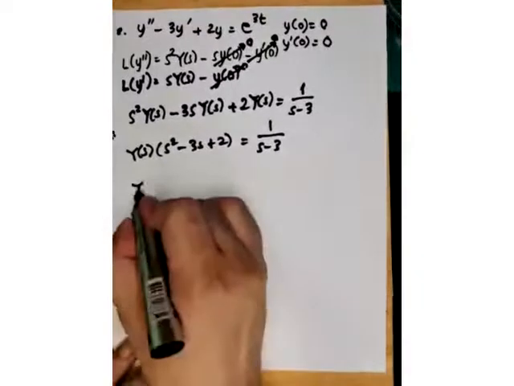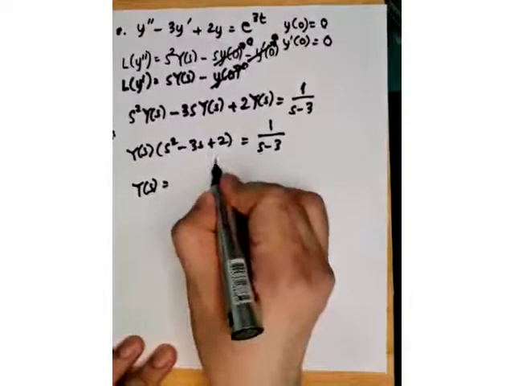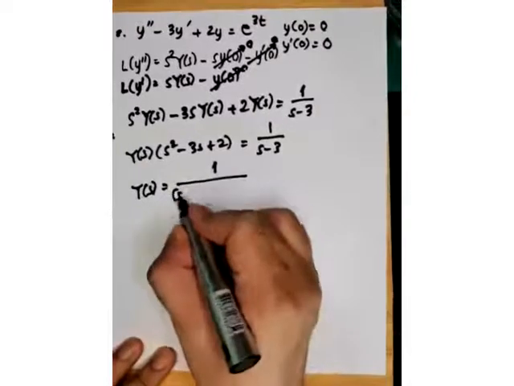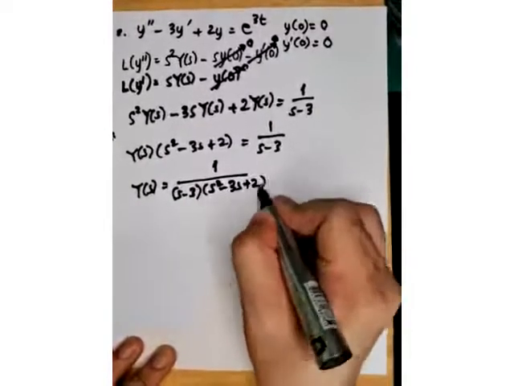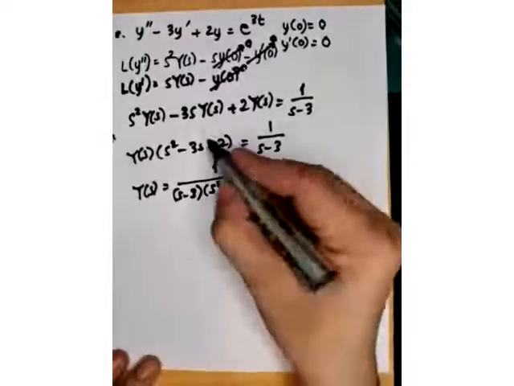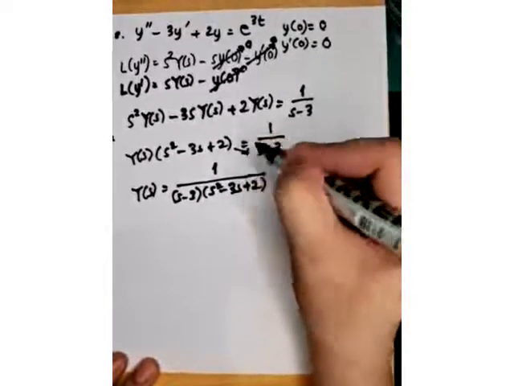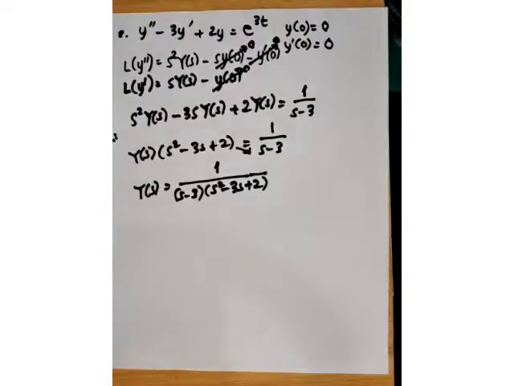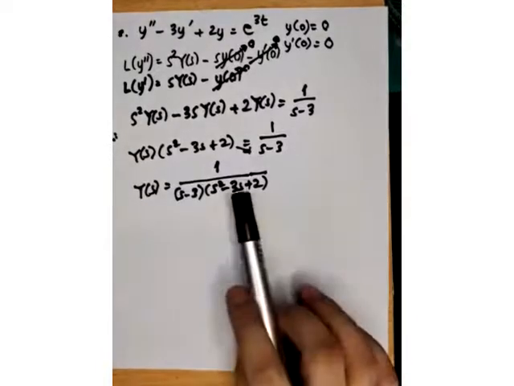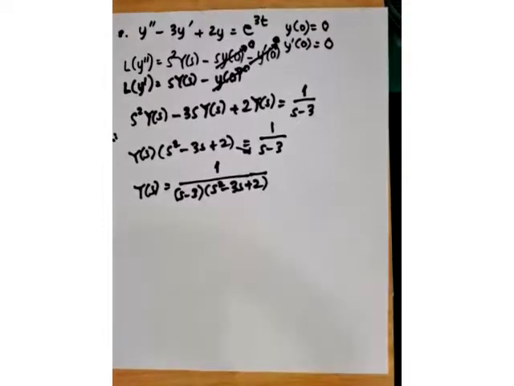And then y of s natin ay equal siya sa 1 over s minus 3 times s squared minus 3s plus 2. Ayan. So, cross-multiply natin ito. Okay, makikita natin yung y of s again. Okay? Ngayon, i-partial fraction decomposition natin. So, ang question ay, factorable pa ba yung trinomial na to?